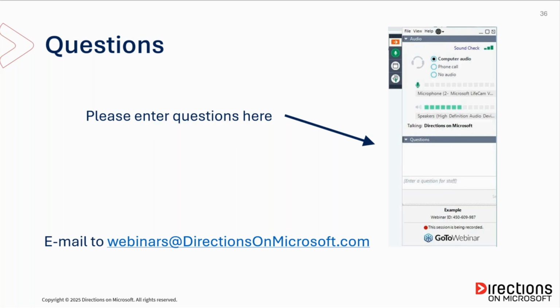Can Dynamics 365 license users run apps with premium features in Power Platform environments, for example, with no D365 modules? They cannot. So you're limited to the abilities you get in Power Platform through your Dynamics 365 license. They have to be in the context of Dynamics 365.